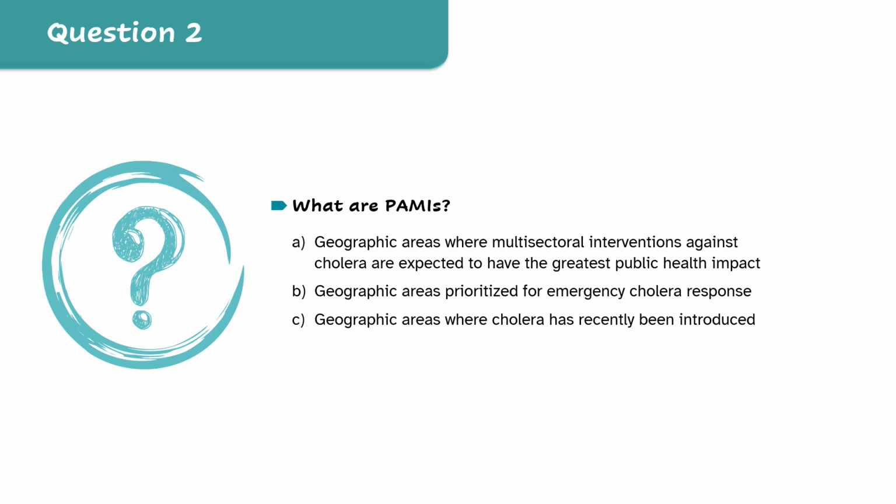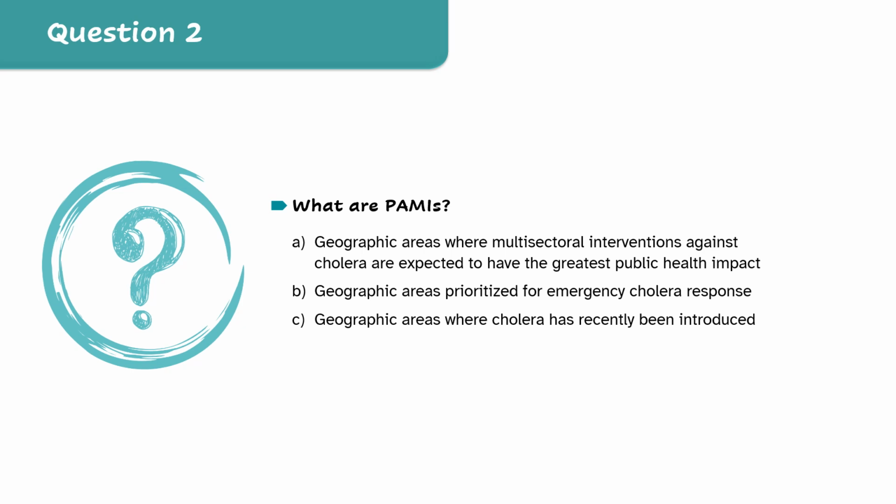Question 2. What are PAMIs? A. Geographic areas where multi-sectoral interventions against cholera are expected to have the greatest public health impact. B. Geographic areas prioritized for emergency cholera response.